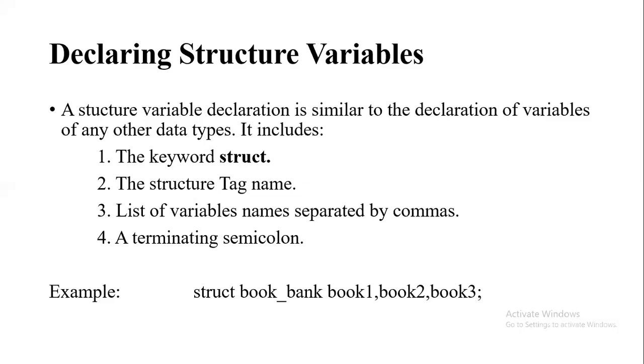So for each book we have a title, author, price. For book1 we have title, author, price. Similarly, book2 has a title, author, price. Book3 has title, author, price. So we are declaring structure variables. These are not simple integer or floating point variables. These are structure variables.